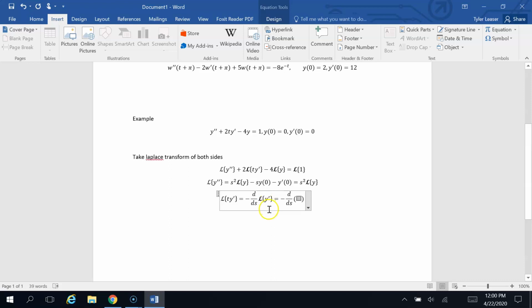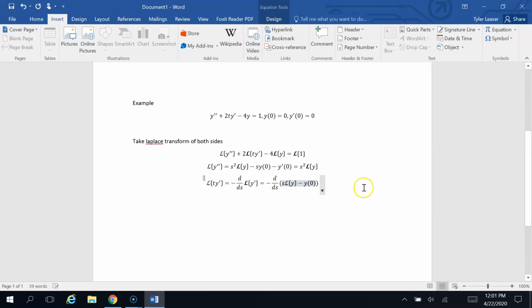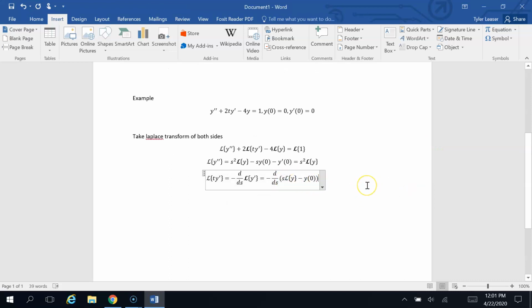The Laplace operator of y prime, there was a formula for, that's s times the Laplace operator of y, and then minus just the function at 0. All right, so just the formula for that one. Just to clean this up a little bit, the function at 0, remember, is 0.